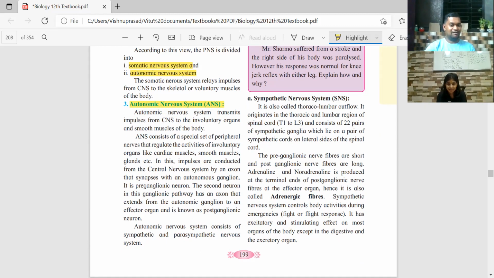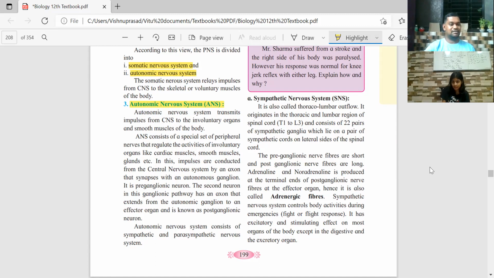So autonomic nervous system is a branch of the peripheral nervous system, and peripheral system is originated from the central nervous system. ऐसे याद रखना. Can you repeat? Autonomic nervous system is a branch of the peripheral nervous system. Correct.